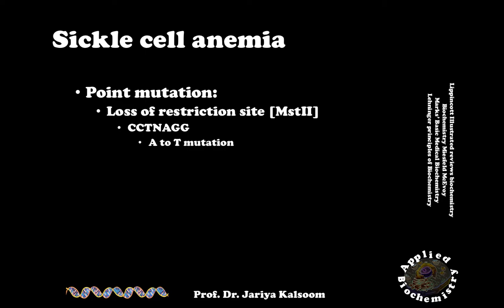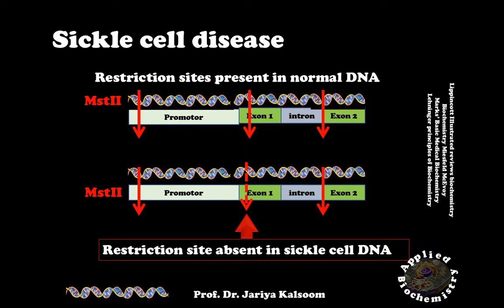There is an A to T mutation within a codon of the beta globin gene that eliminates a cleavage site for the enzyme. The mutation that gives rise to this disease is actually one and the same as the mutation that gives rise to the polymorphism. This mutation results in loss of an MstII site in beta globin gene.